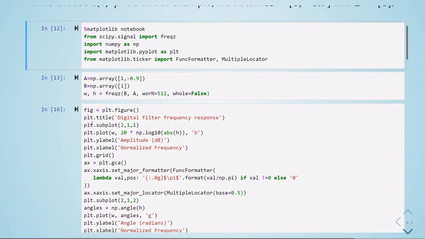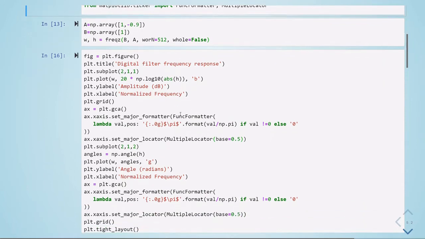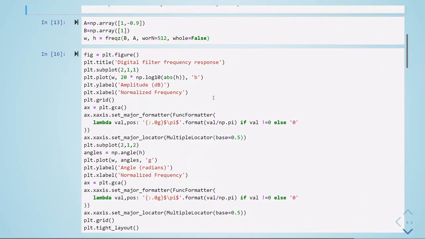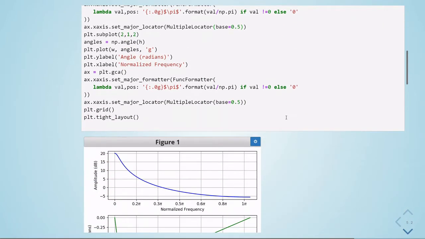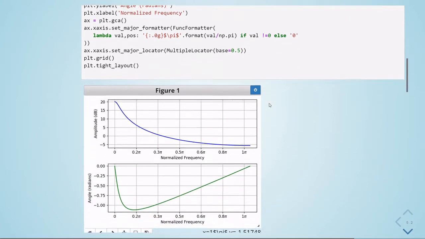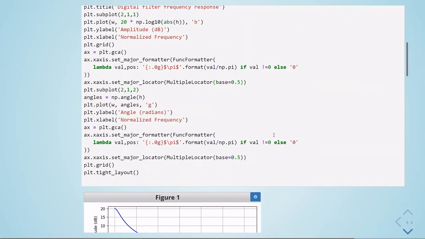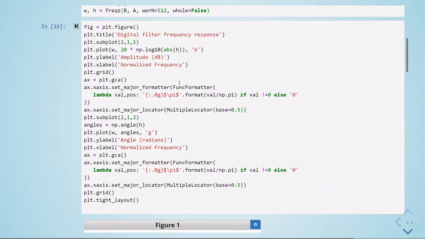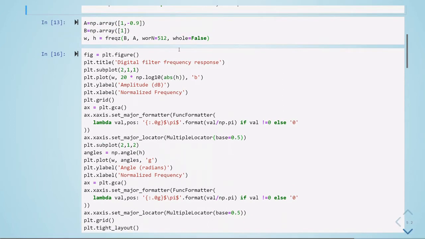So now we can plot this digital filter frequency response. Two subplots. On the first subplot we'll have the magnitude in dB, and on the second we'll have the phase. So this is what we're doing here. This is the first plot, and we want it in dB, so we're multiplying by 20 times the log base 10 of the absolute value of the frequency response.